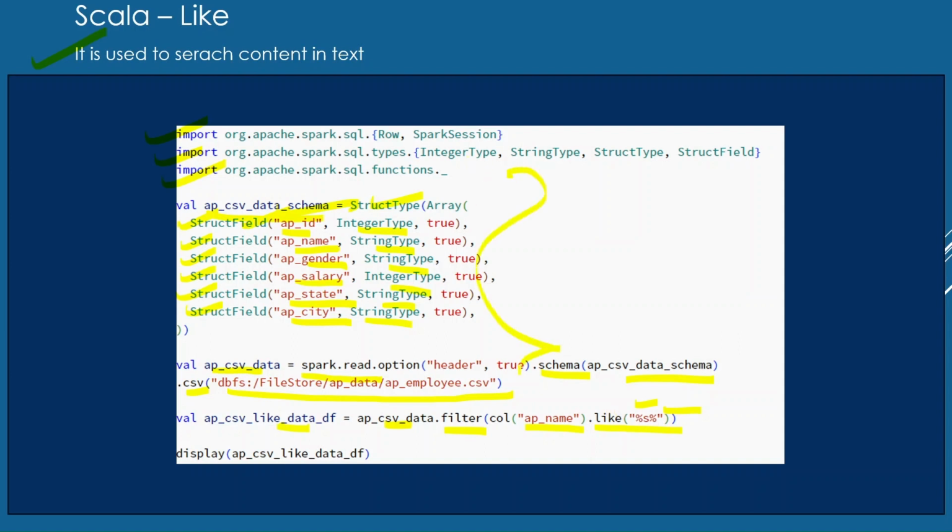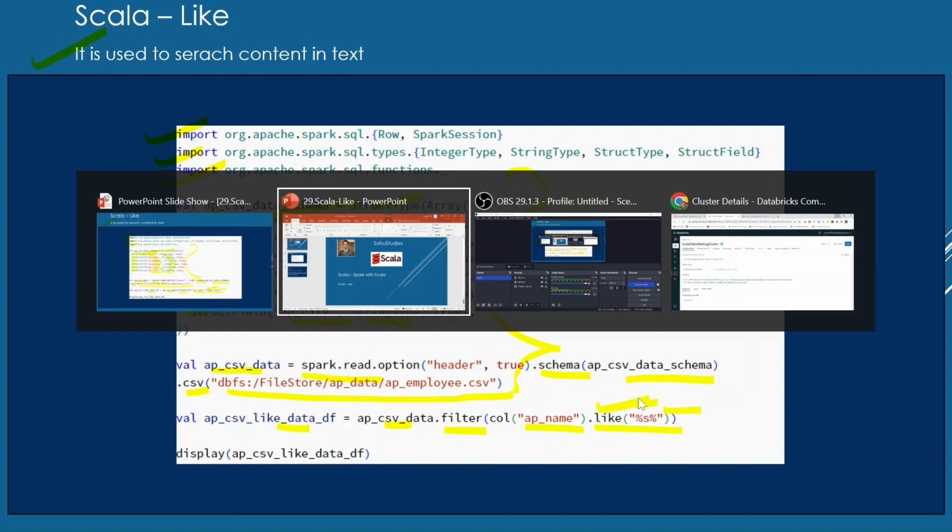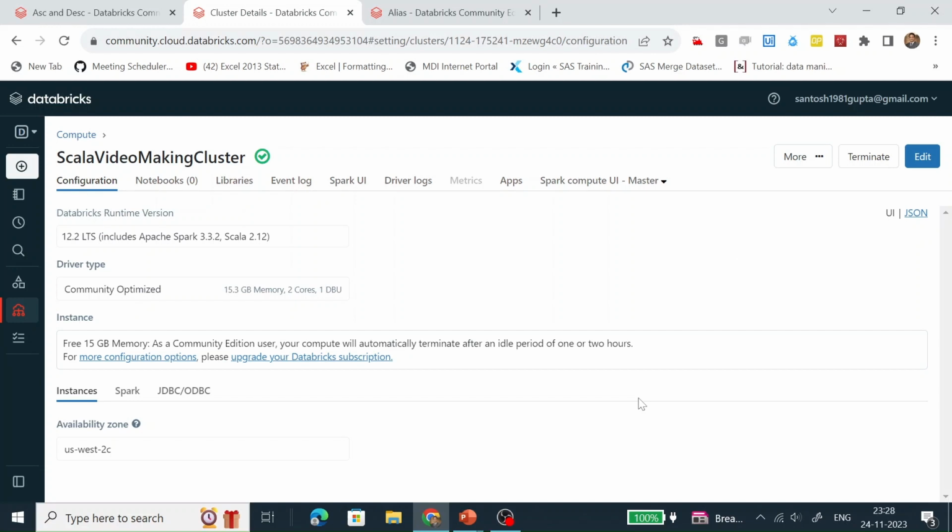The code till the creation of the data frame by reading a CSV file, we have done multiple times in this video series. So I'm not going to write the code again. I will just copy the code from one of my previous exercises and show you how this like operator works in Scala. Let's go to Databricks.